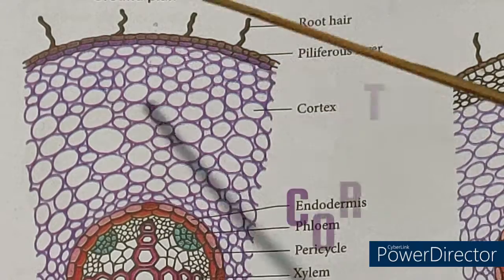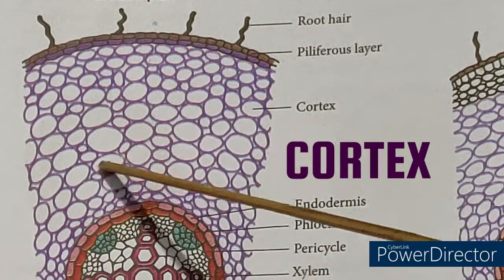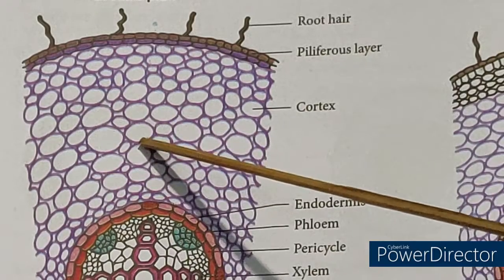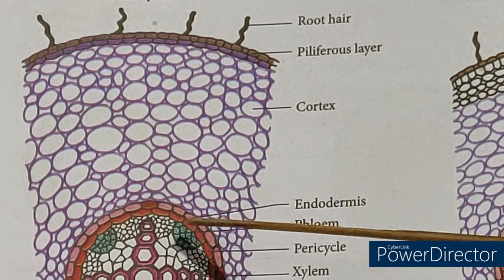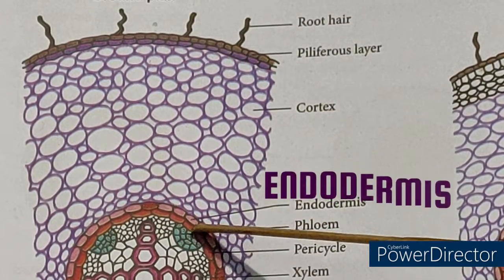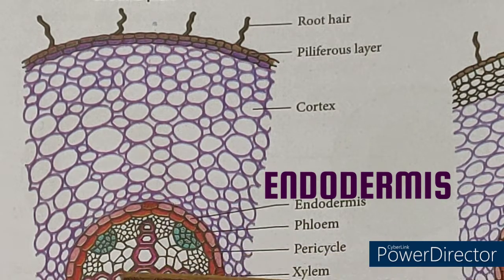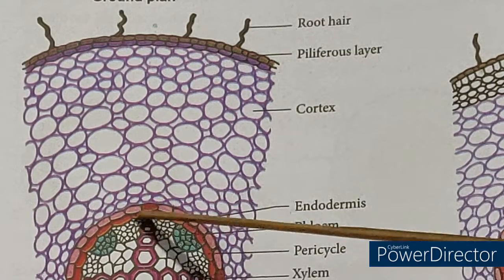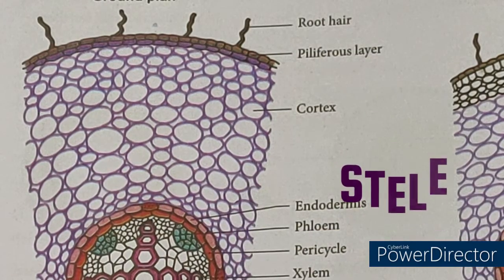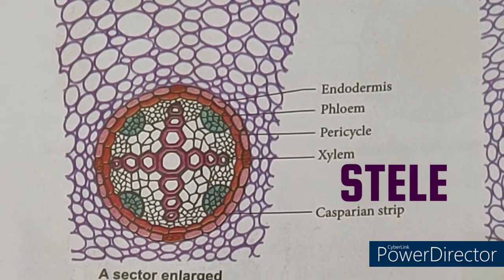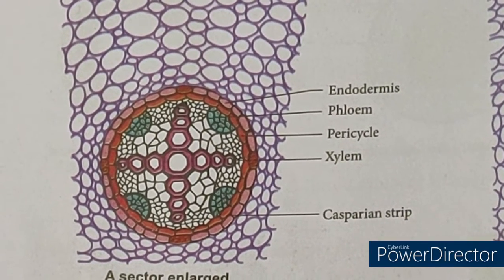Second, you have the cortex tissues, which is next to this epidermis. The third is the endodermis. And finally you have the vascular bundle, which is collectively known as stele, S-T-E-L-E. So these are the four layers of dicot root.